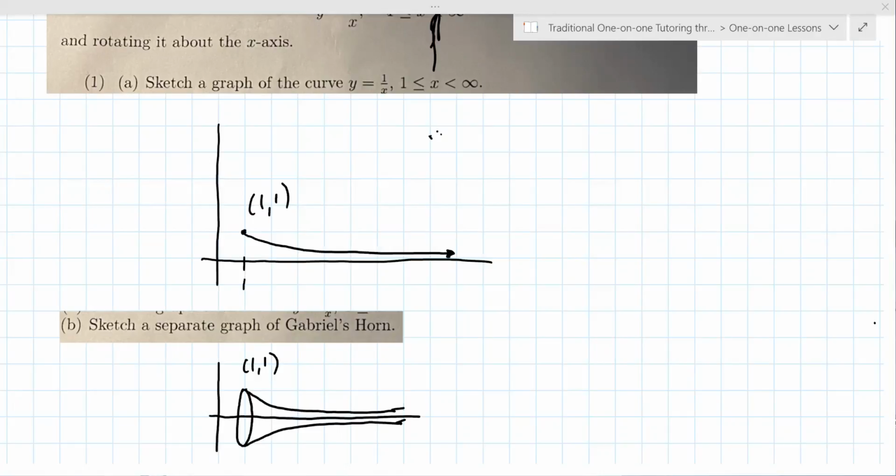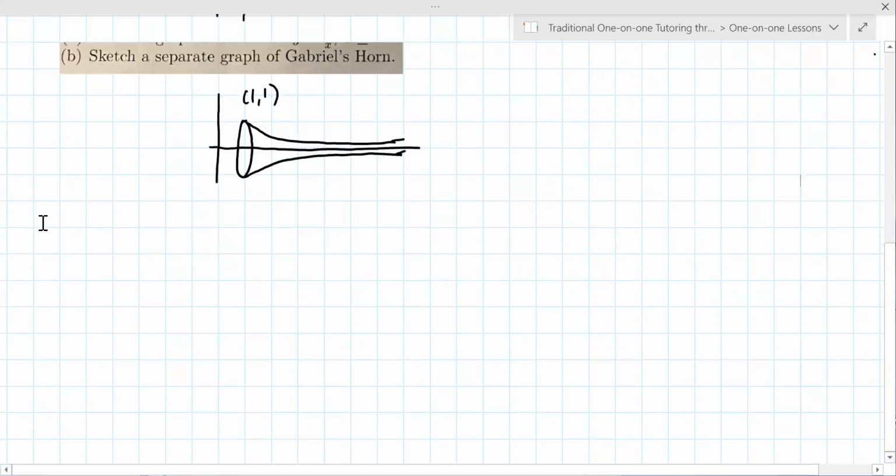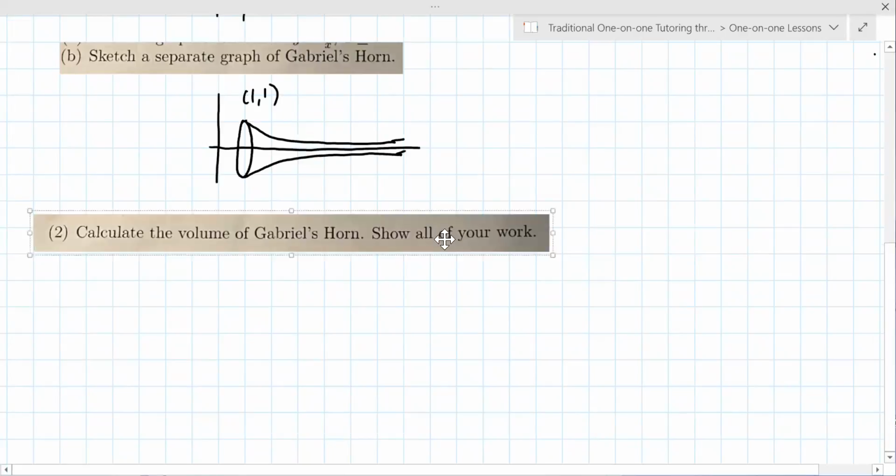All right. So let me know when I can move on to question 2. You're good. All right. So it says calculate the volume of Gabriel's horn. This is a disk problem, and it's the integral of pi r squared dx, from a to b.